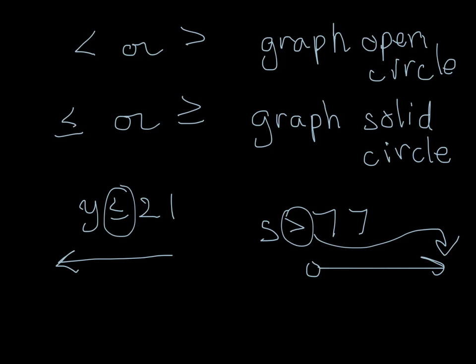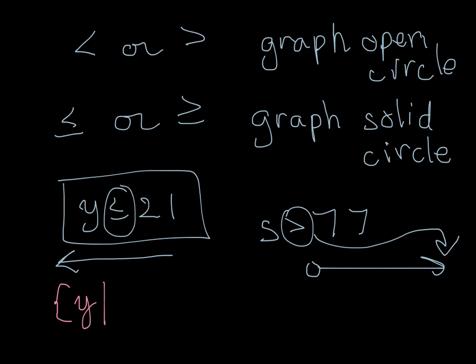A couple of other things to keep in mind. The book likes to use what they call set builder notation to express the answers. And it's just another way of expressing the answer. But what they do is instead of just putting y is less than or equal to 21, they open up a bracket and then they put the variable there and a line, and then they put y is less than or equal to 21.